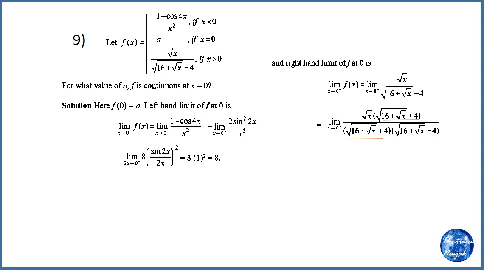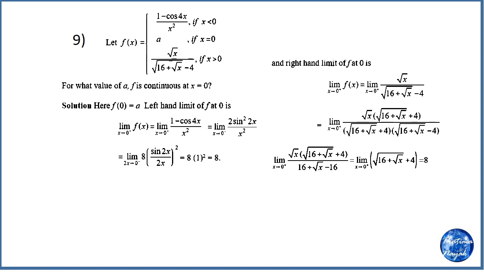So what will you get now? In the denominator you will get a square minus b square. So you will get (root 16 plus root x) whole square, this will be 16 plus root x, and 4 square you will get 16, and the numerator will be as it is.